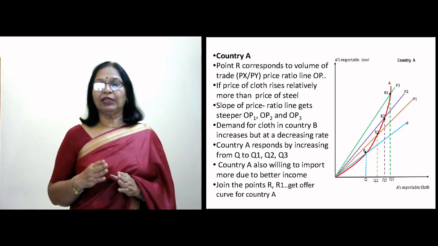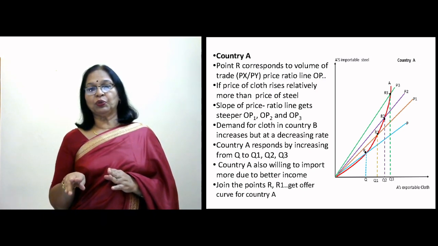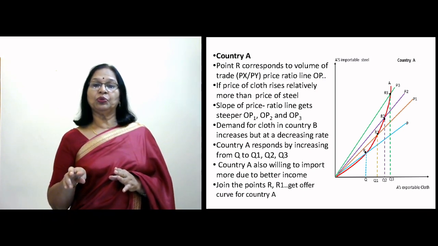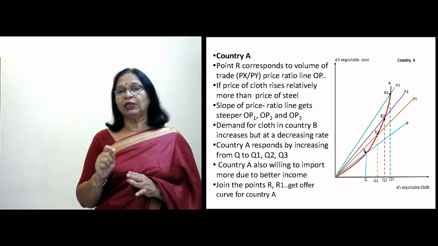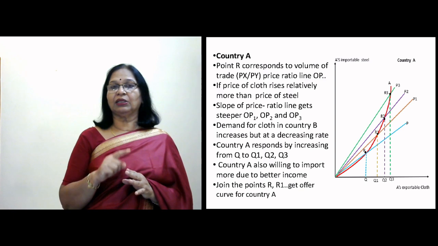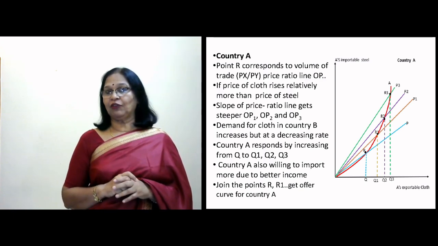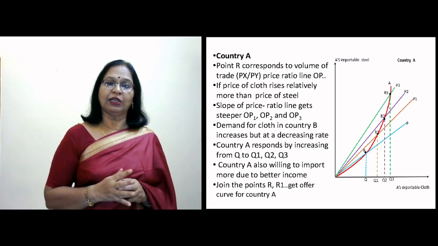And you can see that the export goes from OQ to OQ1, now it is OQ to OQ2 and OQ2 to OQ3. So the quantity that is offered has increased, but the other country will not be willing to take so much because it has become costly for that country to buy these commodities.